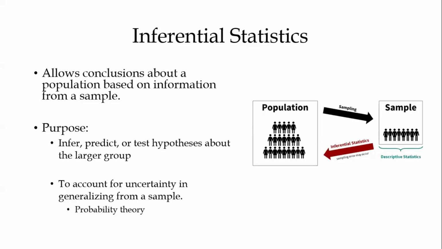Now, uncertainty usually comes in because in as much as you might employ the best practices in terms of sampling, there will always be variations of statistics, that is, what you calculate within a sample from one sample to another.